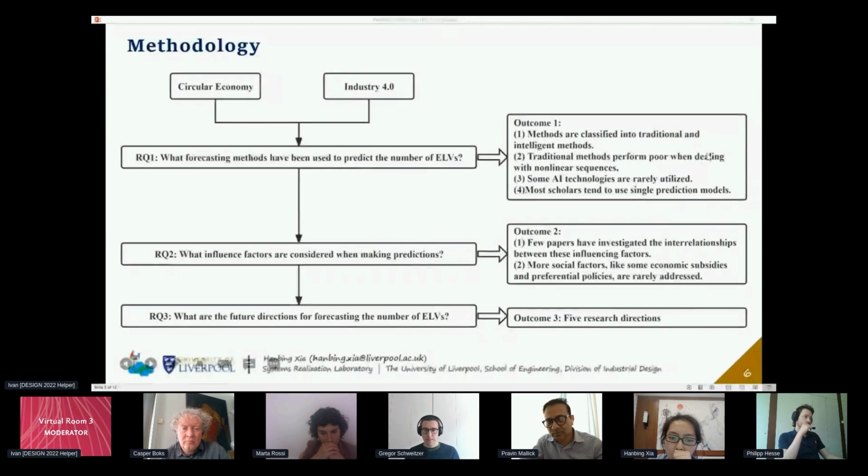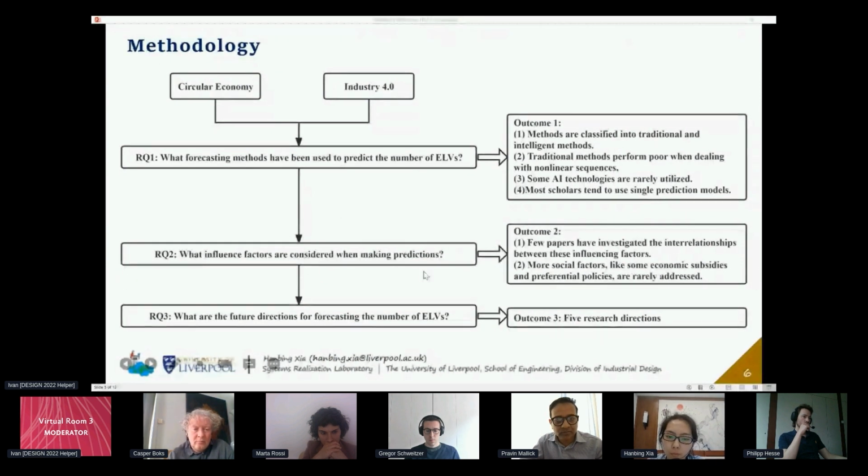We found that the methods in this study can be classified into traditional and intelligent methods, and the traditional methods perform poorly when dealing with nonlinear sequences, while some AI technologies like machine learning and fuzzy logic are rarely utilized. Besides, most scholars tend to use single prediction models.